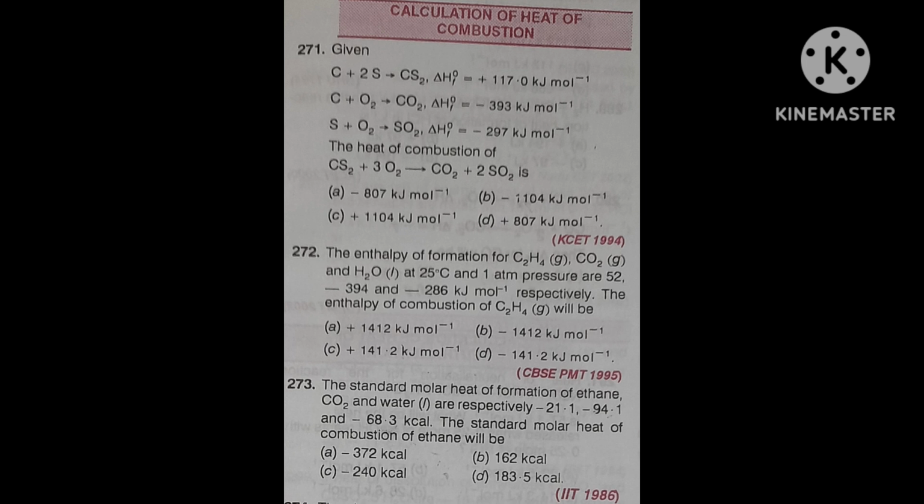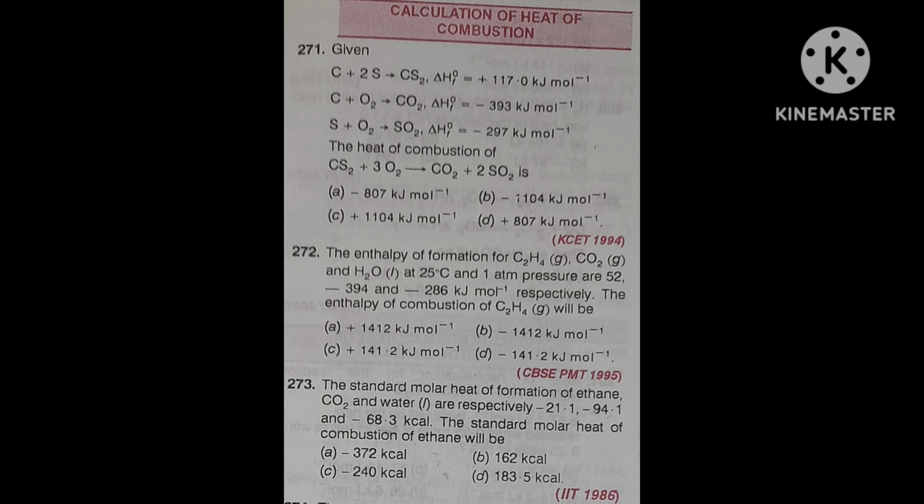and put the value. Then delta H is equal to 2 into minus 297, equation third, plus minus 393, equation 2, that you have to add, minus equation 1, means 117.